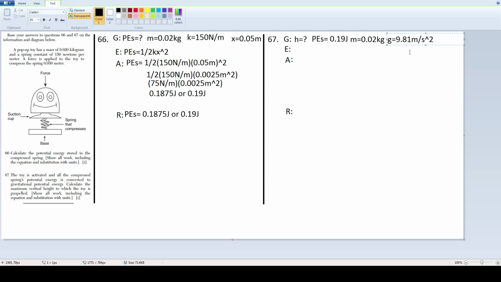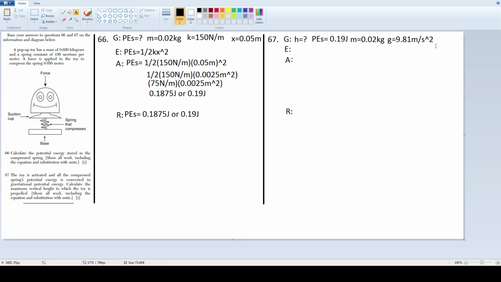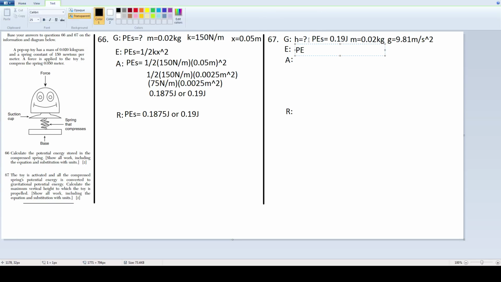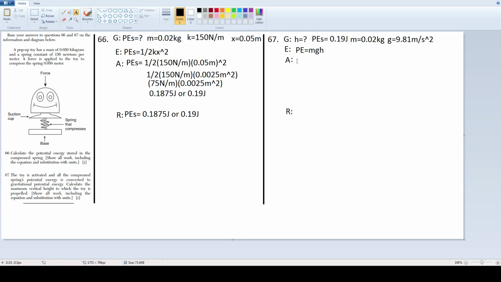This is stated in the reference sheet if you need help finding that. And from here on, we just have to find the formula that we have to use. One of the formulas in the reference sheet is the change in PE is equal to mgh, or change in h. We will just write it as mgh to make it simpler.